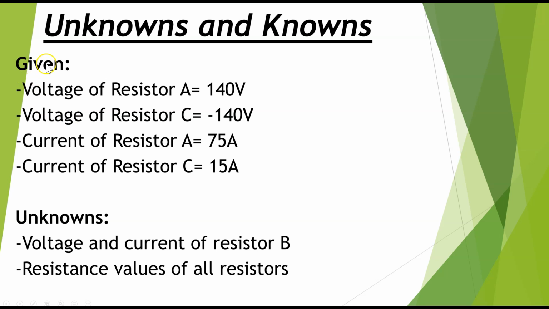For the knowns, we have voltage of resistor A equal to 140 volts, voltage of resistor C equal to negative 140 volts, the current of resistor A equal to 75 amps, and the current of resistor C equal to 15 amps. For the unknowns, what we're going to solve for, the voltage and current of resistor B, which will give us the power absorbed by resistor B, and resistance values of all the resistors.